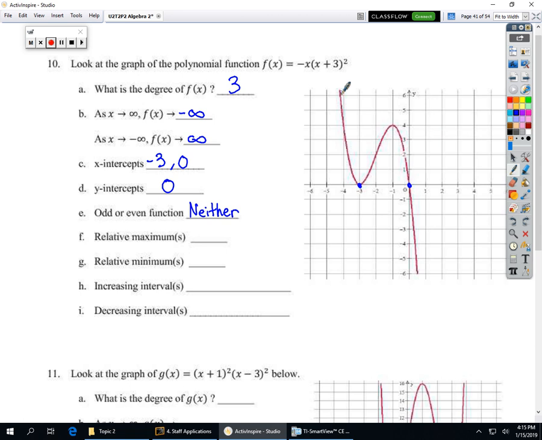So if I take this and I flip it upside down, is it going to be exactly the same here?